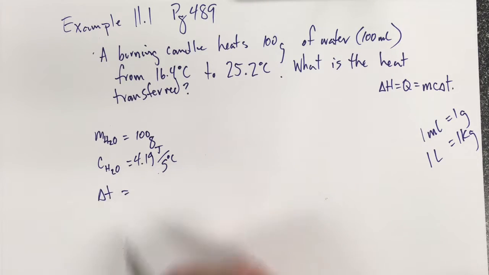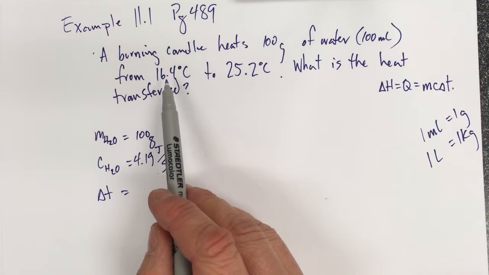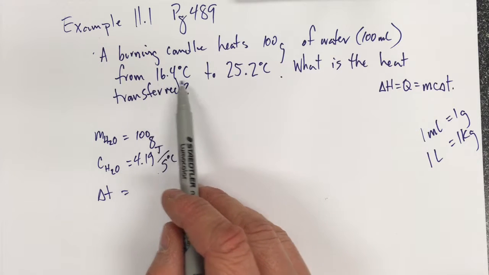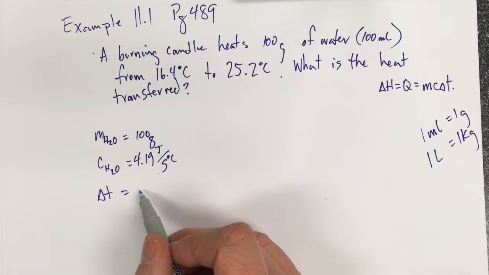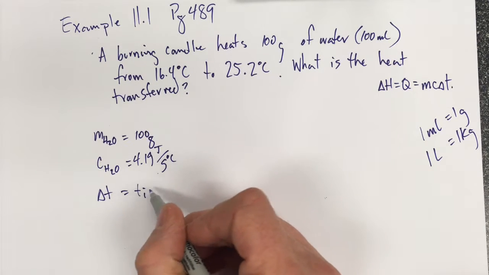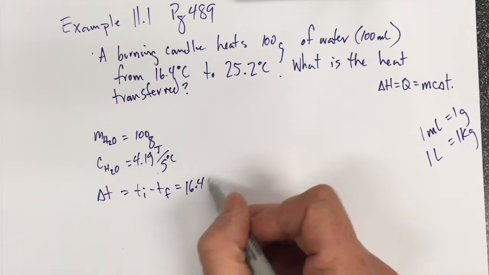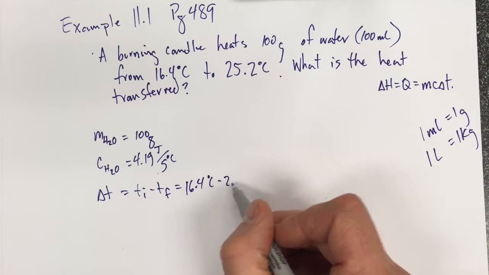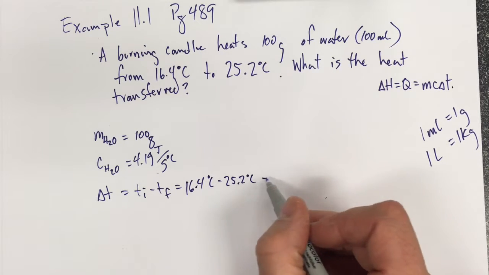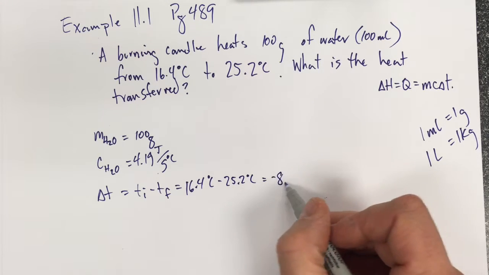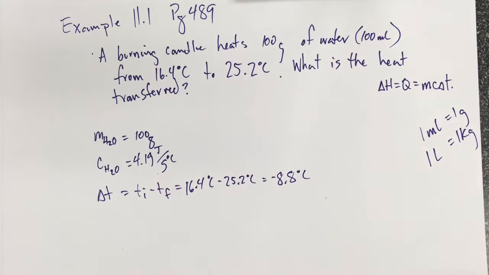And then delta T is the change in temperature. Now the water that's being heated by the candle goes from 16.4 degrees Celsius to 25.2 degrees Celsius. So it's going to be T initial minus T final. So you get 16.4 degrees Celsius minus 25.2 degrees Celsius, which if you crunch the numbers is negative 8.8 degrees Celsius.